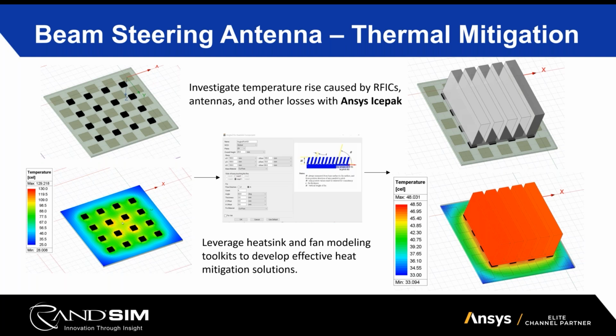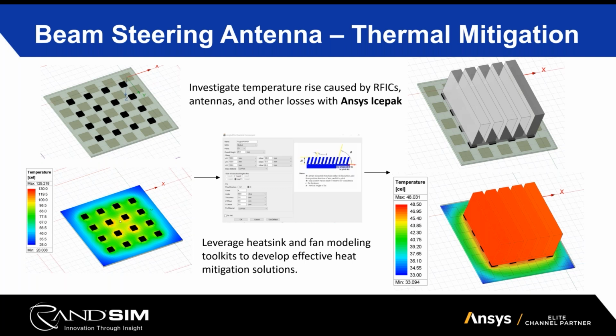The edges are okay, but right around these ICs, especially the middle ones, they're definitely in excess of the typical 85 C maximum temperature rating of most common parts. So some sort of mitigation method is necessary.